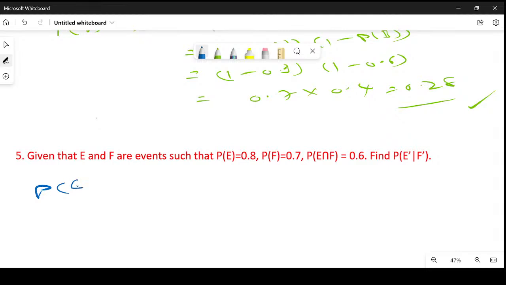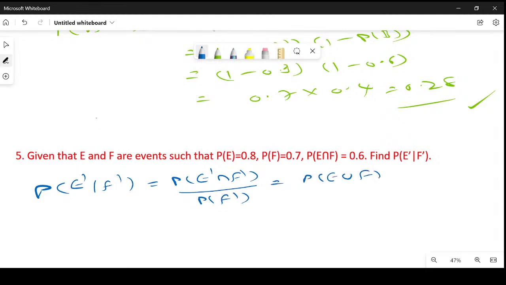When they are asking this, I can write P of E complement by F complement equal to, we know conditional probability, P of E complement intersection F complement by P of F complement, using conditional probability. The numerator is nothing but P of the union, whole dash, by De Morgan's law, divided by P of F dash.